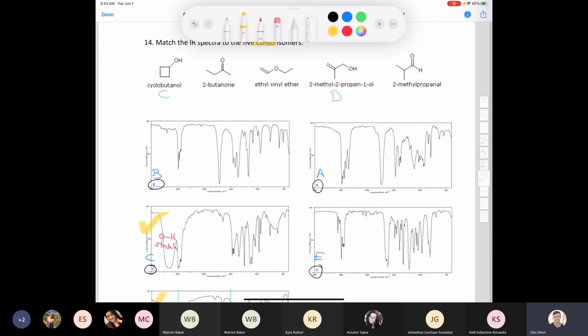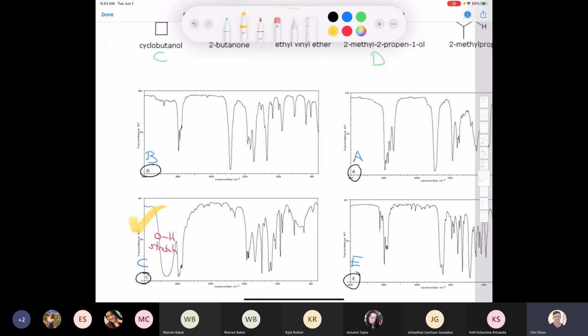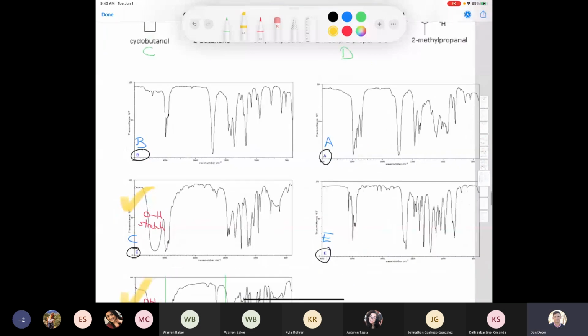Let me ask the question a different way. Between B, A, and E, personally, now everybody's different, it's really hard to see the points on the scale. So around this point here, for all these, this is 1500, and this is 3000.